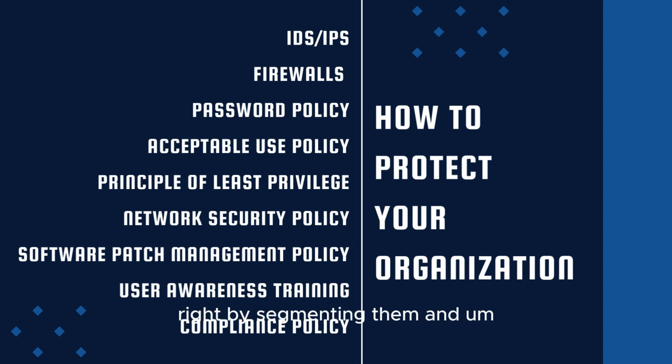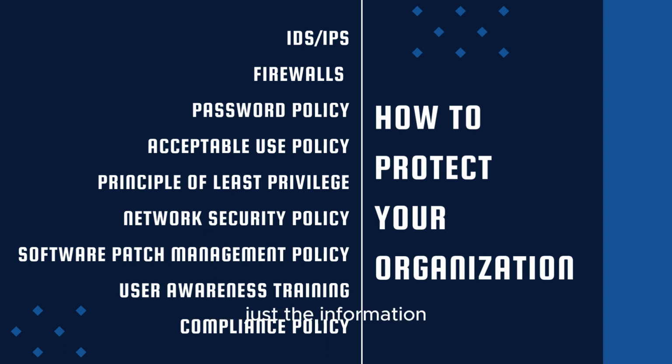By segmenting your network and literally segmenting your work. So whoever has access to data A must not also have access to data B, depending on your organization's policy and objectives, right? And the principle of least privilege is a principle which only gives an employee the privilege to access the least information he needs to get his work done.